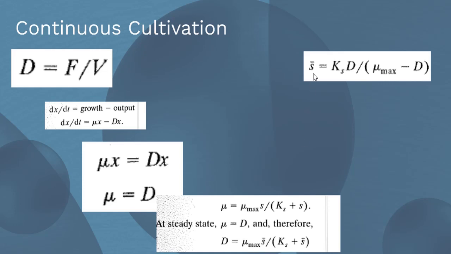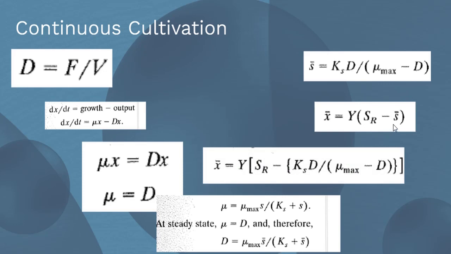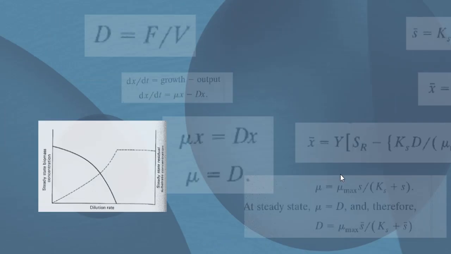The concentration of substrate at any given time in the continuous system of cultivation is given by saturation constant, dilution rate and mu max of the system, and the biomass concentration at any point of time in a continuous system of cultivation is a factor of the residual substrate concentration and substrate concentration at the given dilution, and accordingly the biomass concentration will be estimated considering the yield coefficient, residual substrate concentration and maximum specific growth rate of the system.